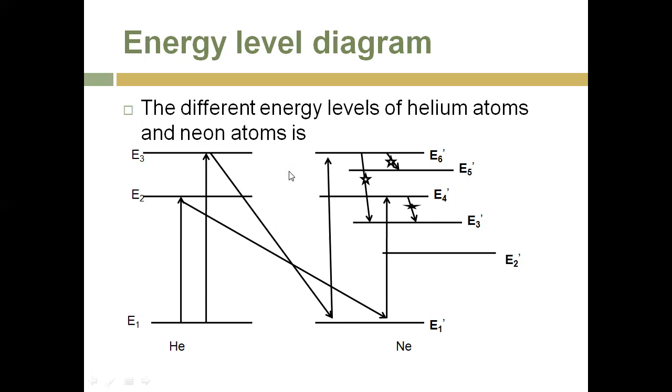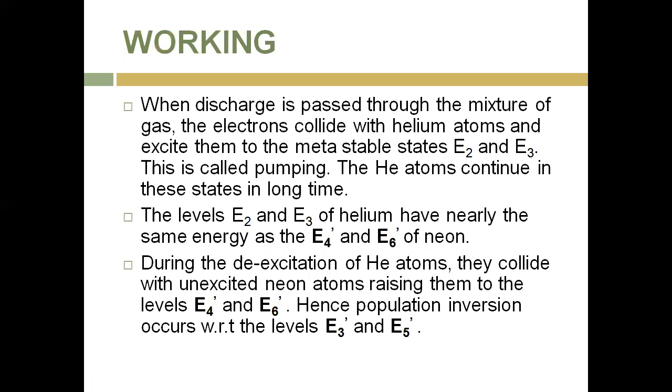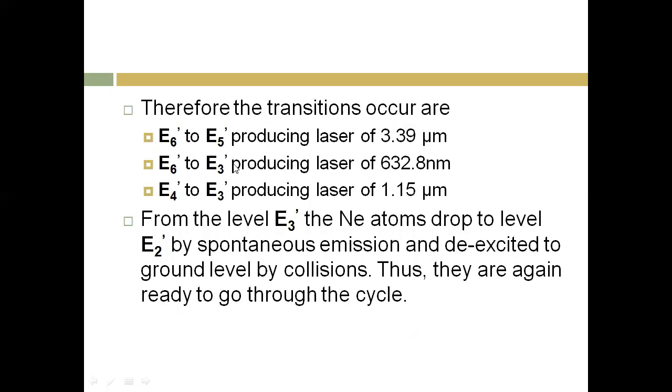So let us see the step-wise working of the helium neon laser, where during the de-excitation of helium atoms, they collide with unexcited neon atoms, raising them to E4 and E6 levels. Hence, population inversion is created with respect to the levels E3 and E5. Therefore, the transitions can happen between E6 to E5, E6 to E3, and E4 to E3.